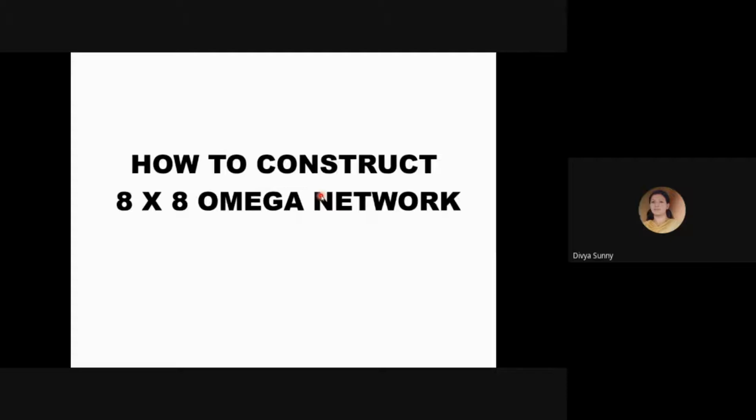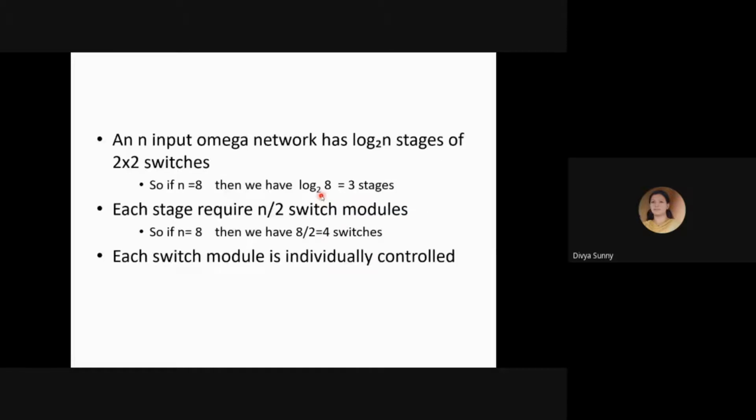Next we'll see how we can construct an 8 by 8 omega network. An n-input omega network has log n to the base 2 stages of 2 by 2 switches. So if there are 8 inputs, then we have log 8 to the base 2, that is 3 stages, needed.